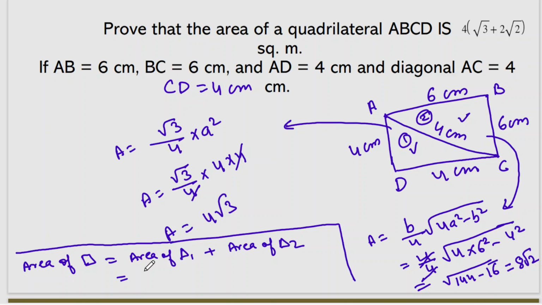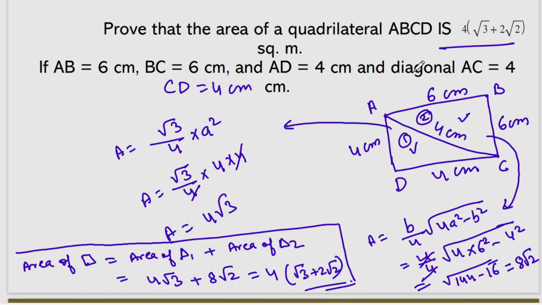The area of triangle 1 is 4 root 3 and this is your 8 root 2. If you take 4 as common, you will be left with root 3 plus 2 root 2. So you can see we have proved the area of quadrilateral ABCD as 4 under root 3 plus 2 root 2.